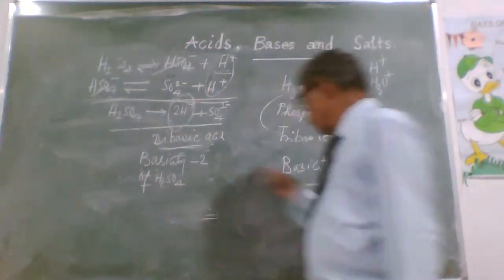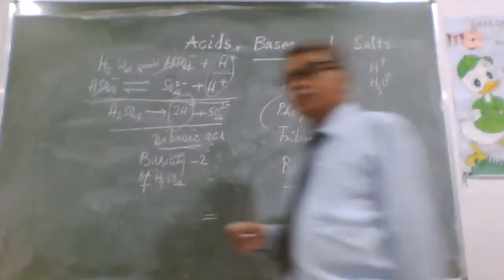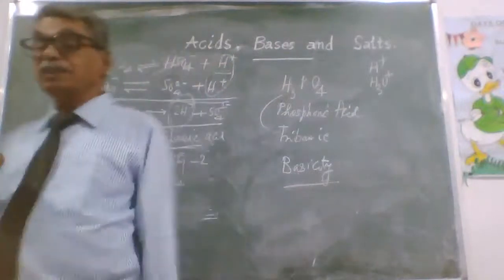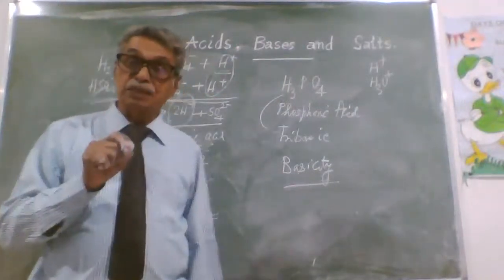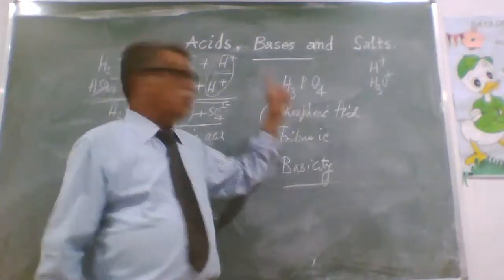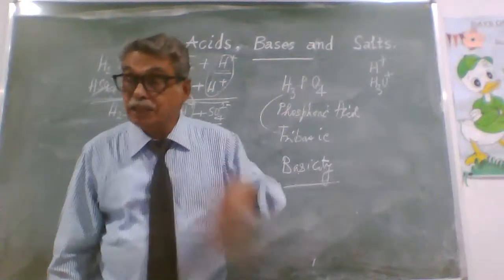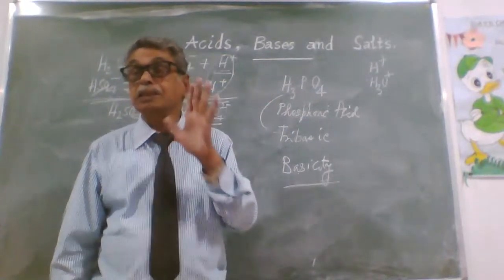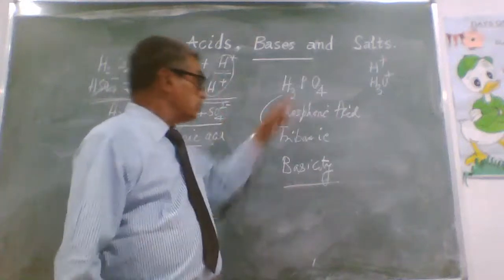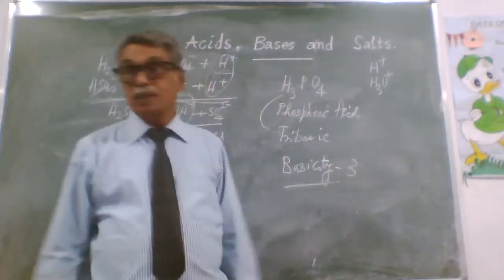Basicity of phosphoric acid, H3PO4, is 3 because one molecule of phosphoric acid, when dissolved in water, can give rise to 3 hydrogen ions. So its basicity is 3. Have you understood?